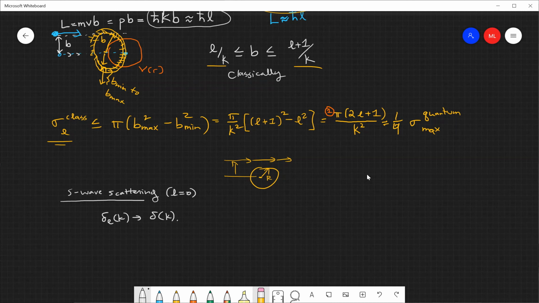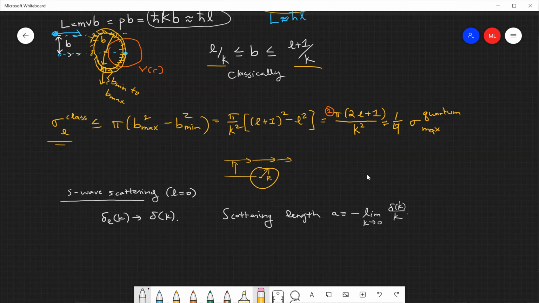It's nice to define something called the scattering length, which is defined as minus the limit as k goes to 0 of the phase shift associated with that l equals 0 mode divided by k. And obviously it's 1 over a wave vector, so the units are units of length.